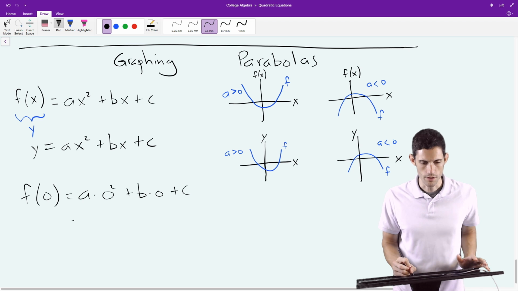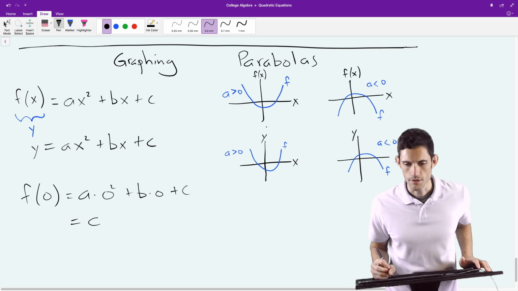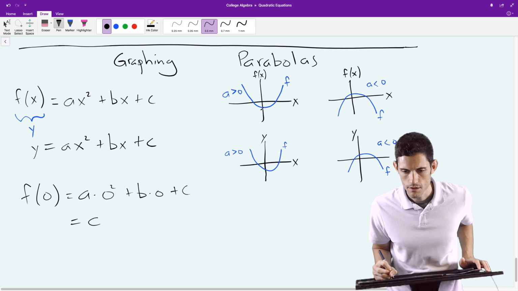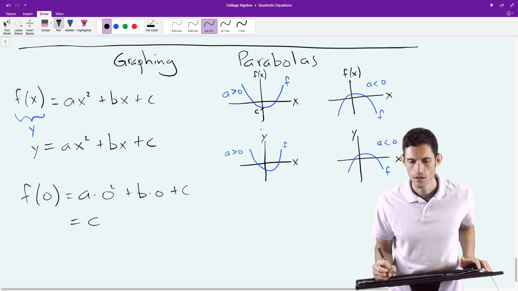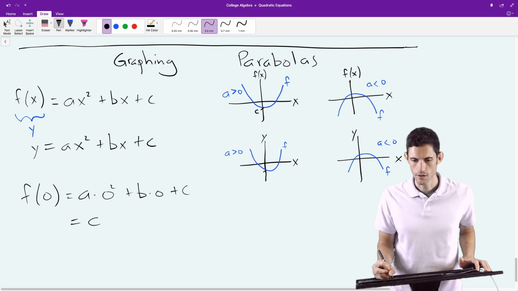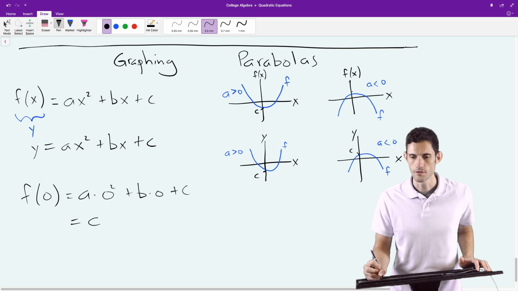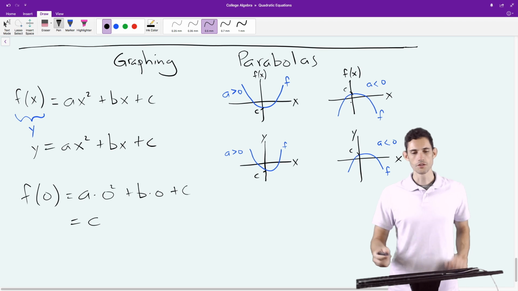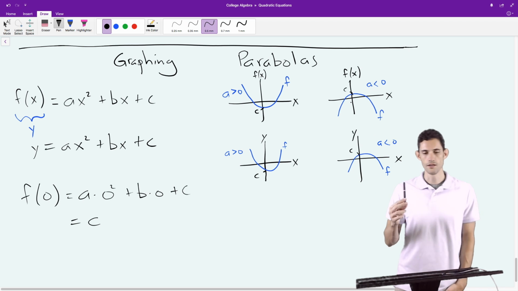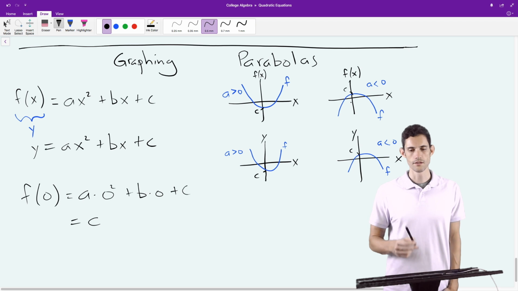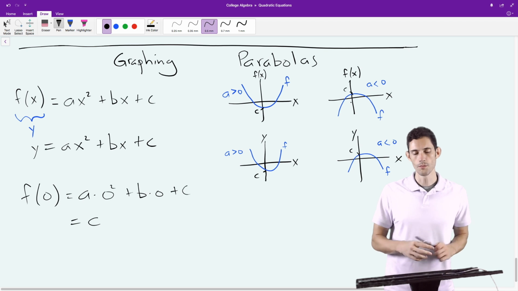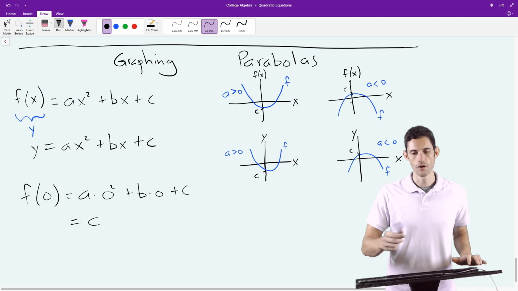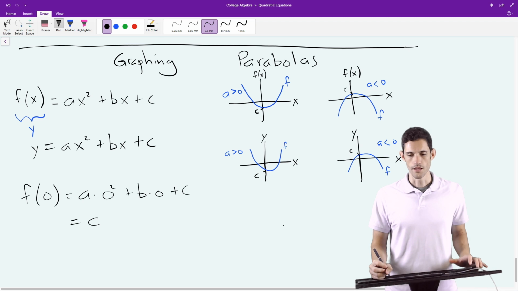And anything times 0 is 0, so this is just equal to c. And so that's nice. That tells me that this is the number c, the c from the quadratic formula, and this is c. And the same here. This is a positive c and a positive c. So I could actually just look from my a, b, and c, and I know where c is. So I might not know immediately if it curves up or down, but I know where it crosses the y-axis. And that's a good start.